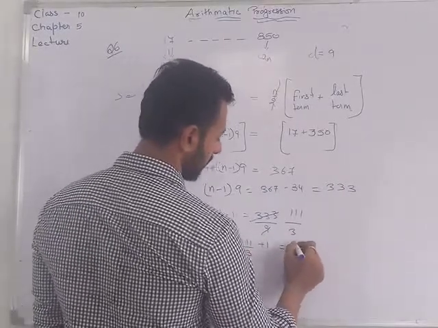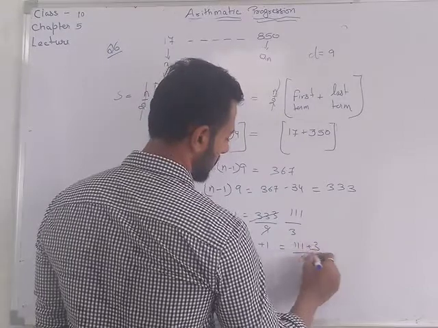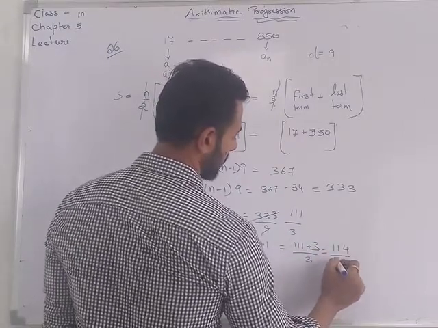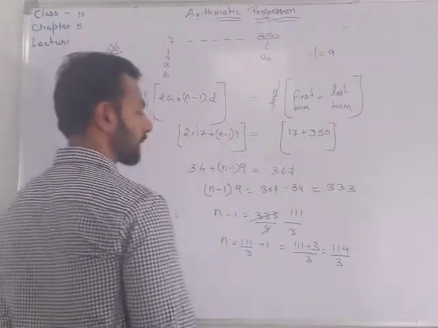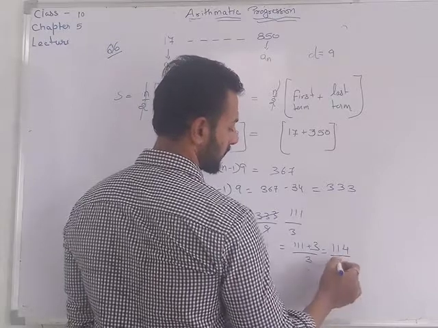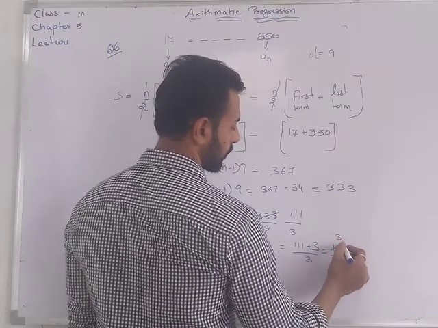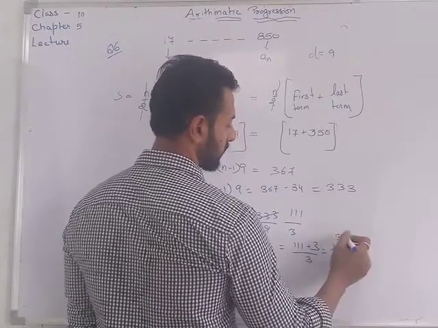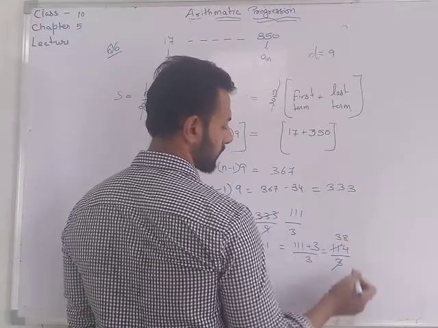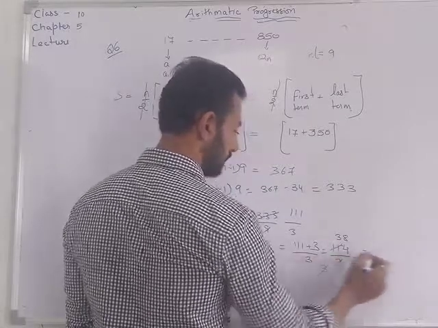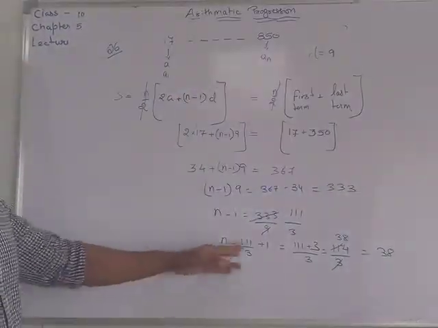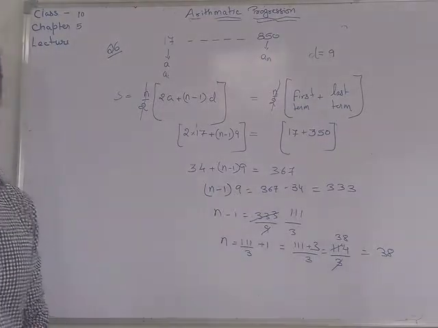So this will be 111 plus 3 by 3, 114 by 3. 3 3s are 9, 8 4s are 24. So 38. N is equal to 38 is the required answer.